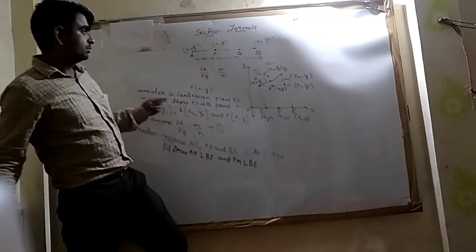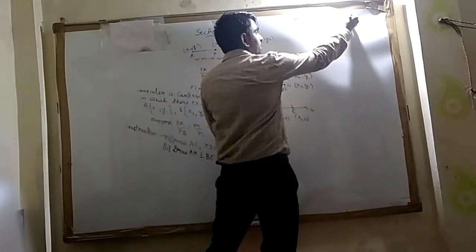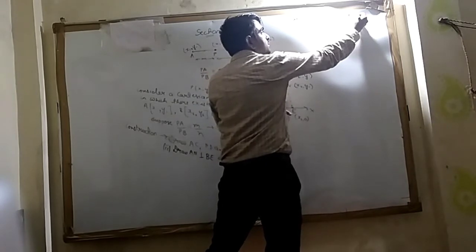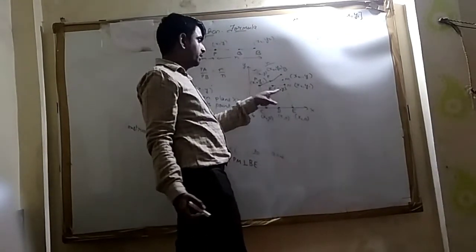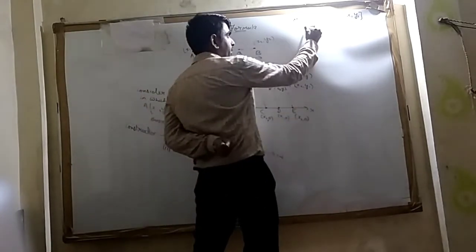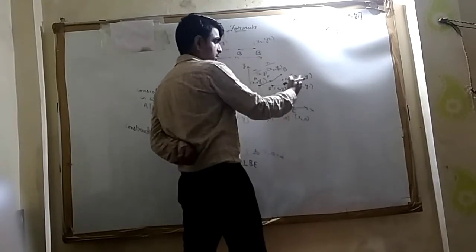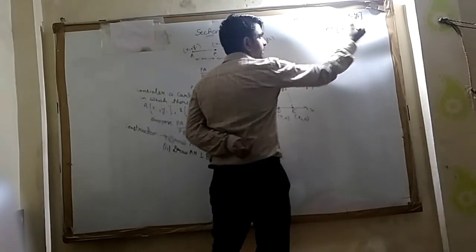Now what are remaining? Coordinates of R is x comma y1, and that of M is x2 comma y.